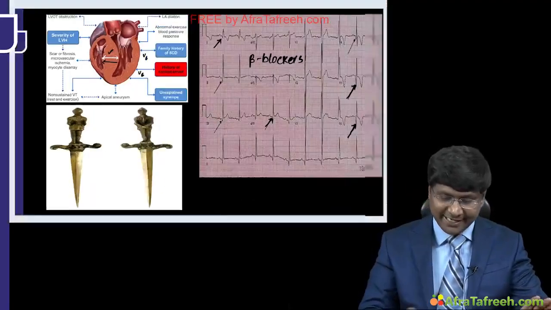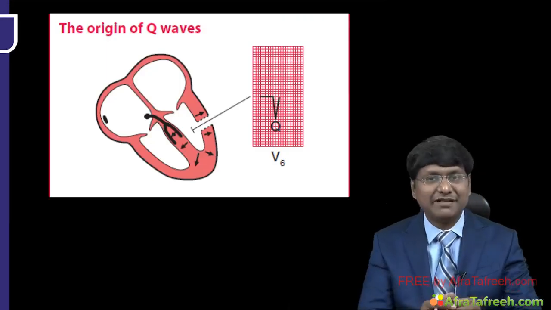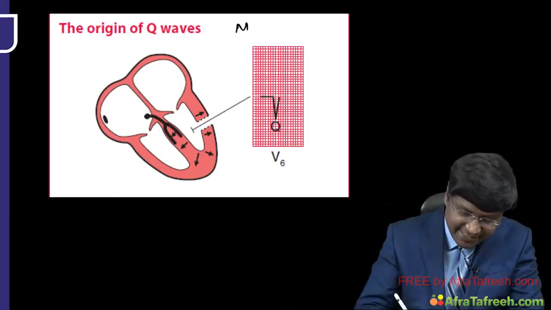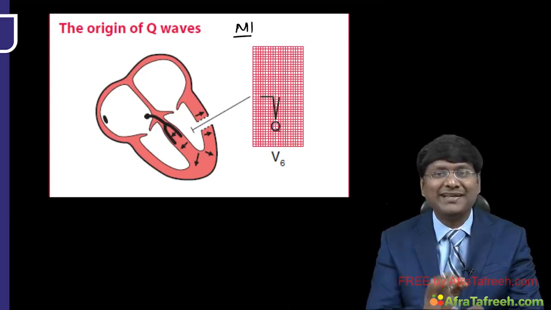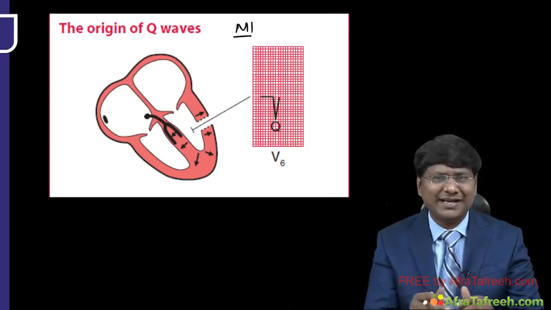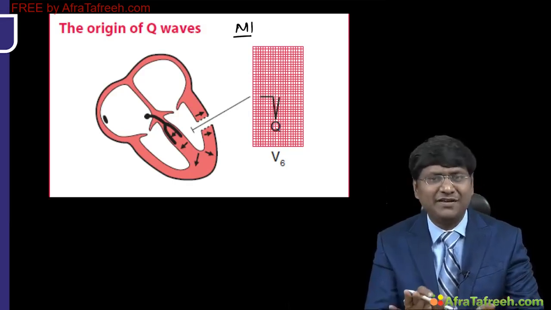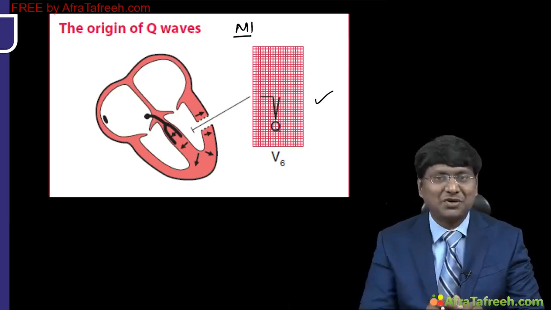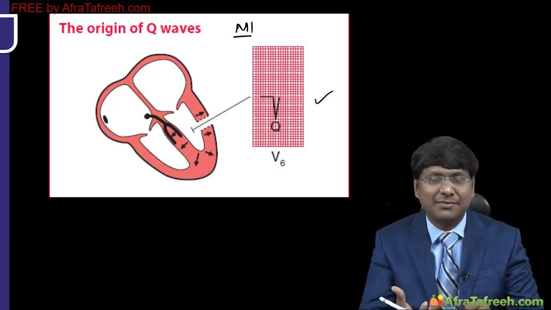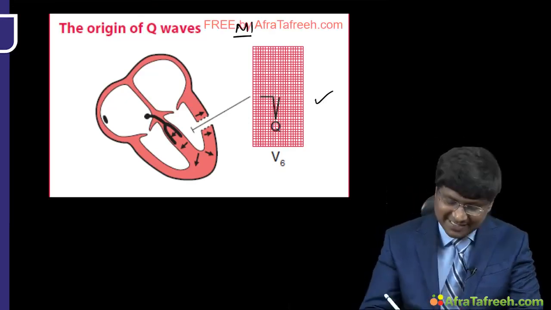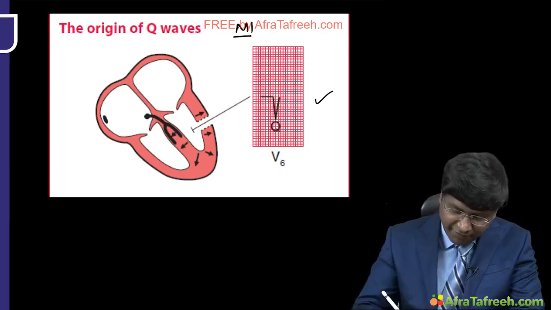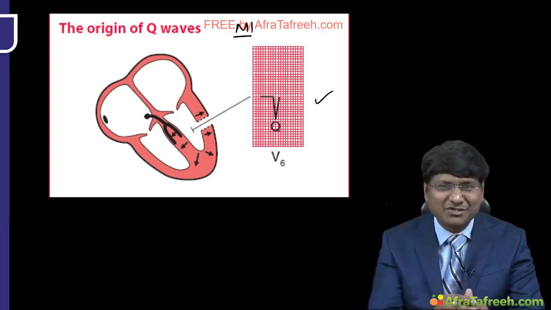Okay, right. Next, the other condition where you will have the pathological Q wave is in patients with myocardial infarction. So in any form of MI, anterior wall MI, lateral wall MI or inferior wall MI, you will have the appearance of the Q wave. What is the mechanism? Why is it that the Q waves are normally very small?